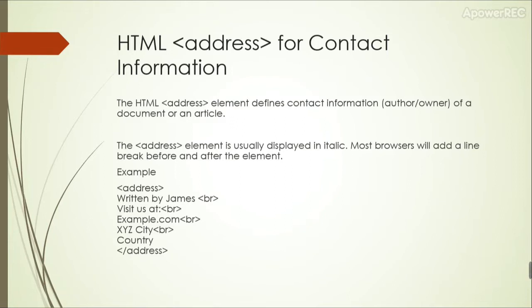For example, I write down here address tag, then written by name, after that br for break, visit us at, then br for break, example.com. You can write the website name, anything here, then br, after that city, br country, then address tag close.